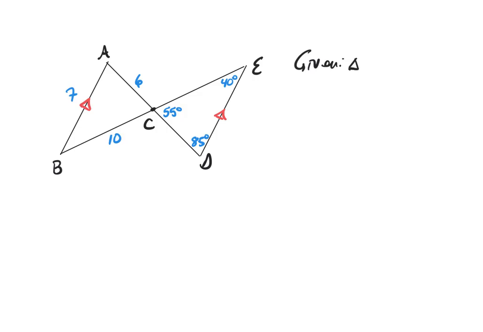I'm going to tell you that triangle ABC is going to be congruent to triangle DEC. So DEC, they're going to be congruent. And then what I'm going to ask you for are some missing pieces, like what's the measure of angle A? What's the measure of angle B?